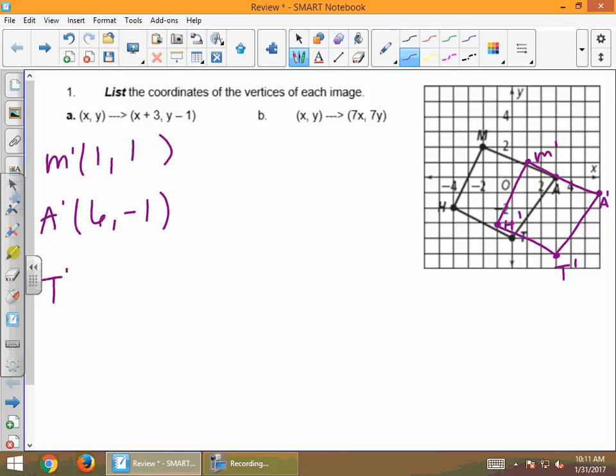What did we get for T prime? 3, -5. What do we get for H prime? -1, -3. Okay, there you go. Then you get full credit. You list it all.